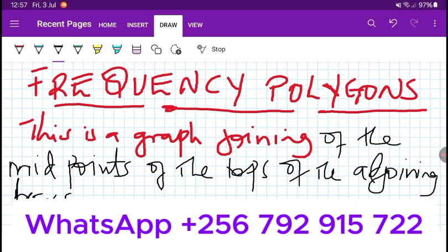So what we are saying is that, first of all, we have talked about midpoints. It means we are plotting midpoints against the frequencies. One thing that we need to be very careful with is that we have to do some computation by computing the midpoints and then getting the frequencies.